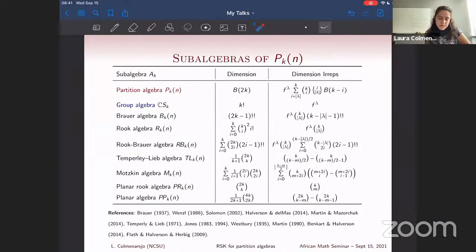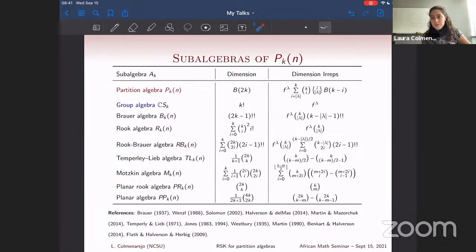This table has the partition algebra on top, and a bunch of subalgebras of the partition algebra. The dimensions of the algebras and the dimension of the irreps are known for all of them in the table, and these are all the references.